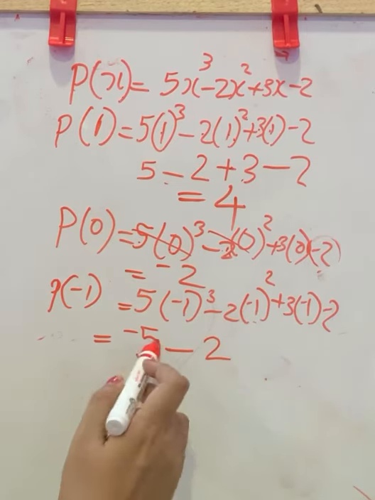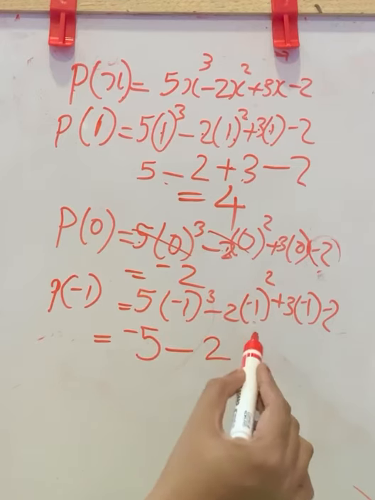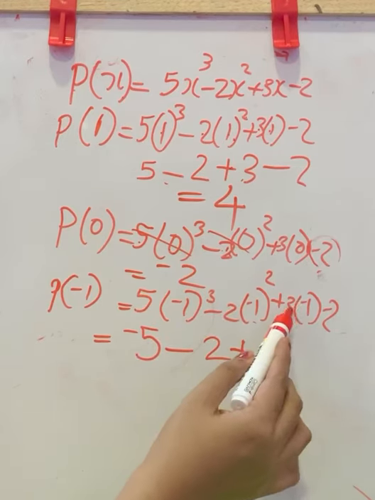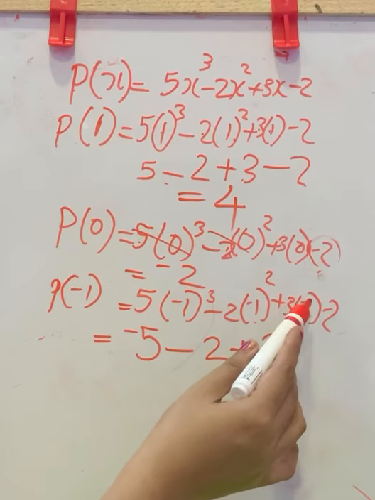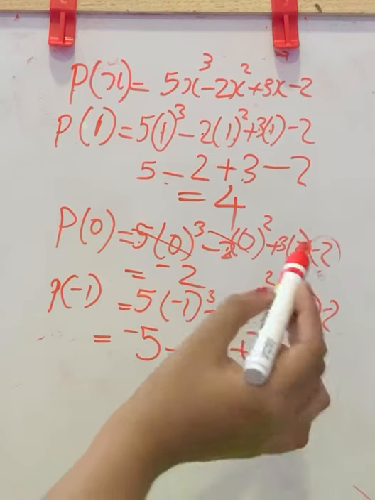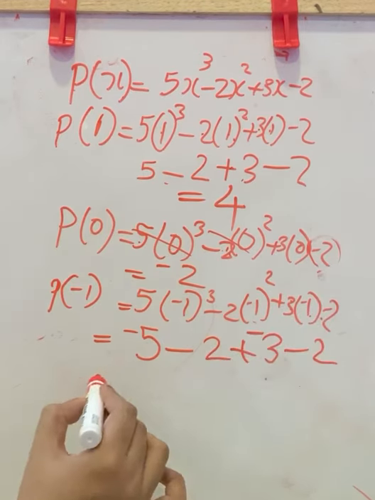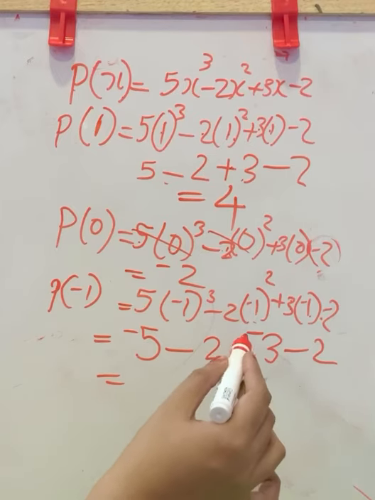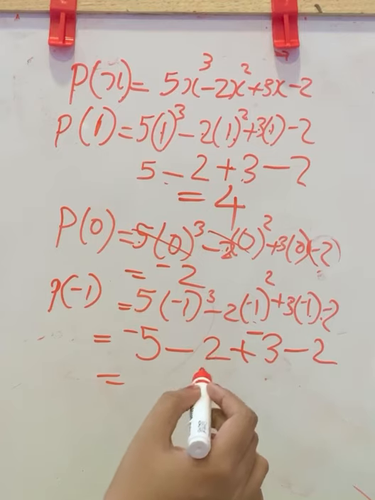Here this subtraction is from the expression. Next, negative 1, here there is plus. Now 3 into negative 1 is negative 3. Now 1 minus 2 is there here. Again we will do the addition first: negative 2 plus negative 3, the result is negative 5.